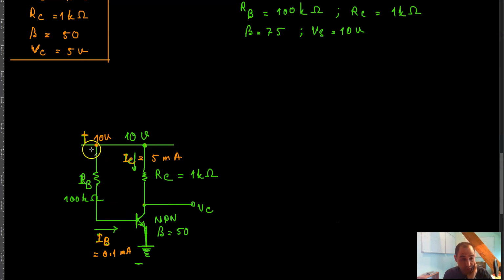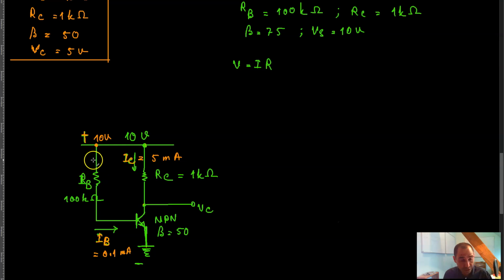To calculate the base current, you can simply apply Ohm's law, V is equal to I R, with R of B. Since I have a supply voltage of 10 volts, I can ignore the 0.7 volt voltage drop across the base emitter junction of the transistor.